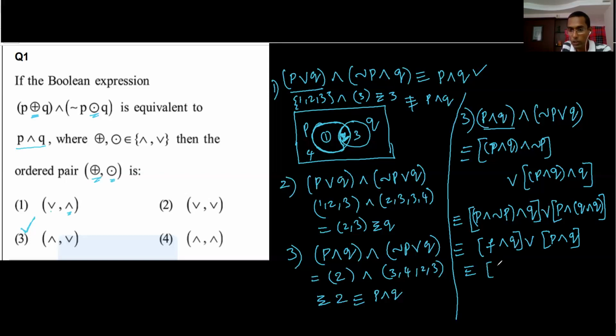And false or any other statement gives the other statement only. So this is how you can also do it, but this is a big one. This is a very shortcut and very easy way. Or another way you can do is the truth table, that I need not explain to you all.